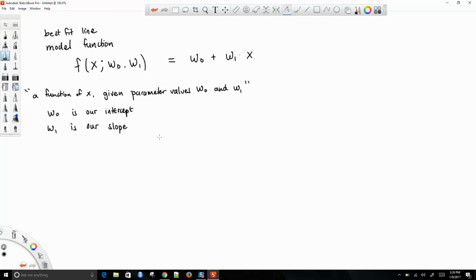And our textbook, instead of saying this is y, sets this equal to t, t being our predicted value.